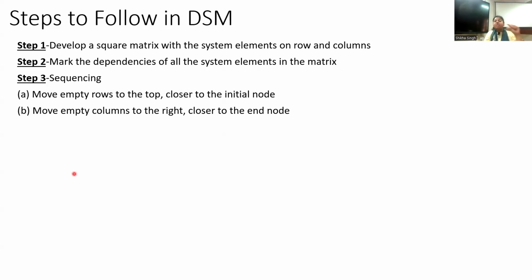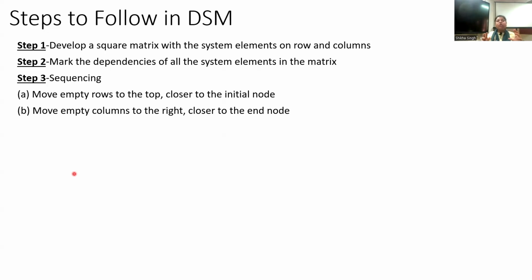An empty row means that particular component is not depending on any of the listed subsystems or components. Or you can say this particular component is basically independent. It does not require any information from any other elements of the system listed here.